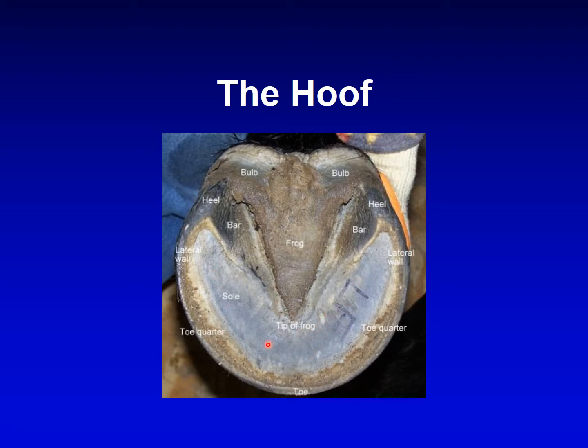So again, the hoof consists of three main parts. First, the wall, this here, and the sole, which is here, and the frog, which is here.